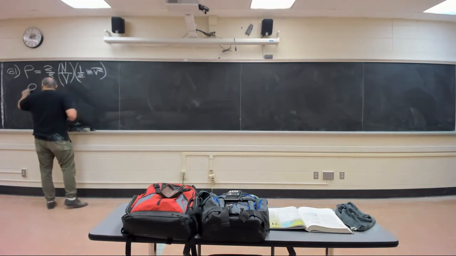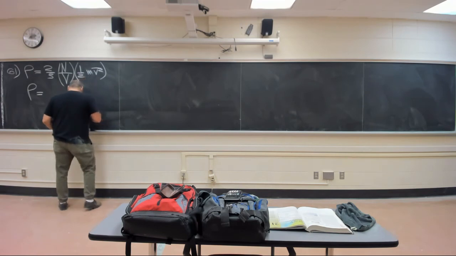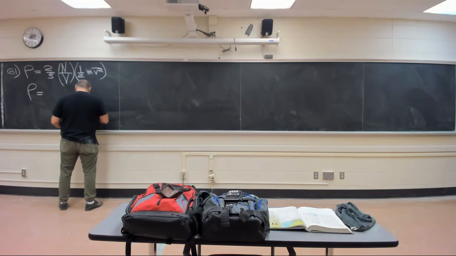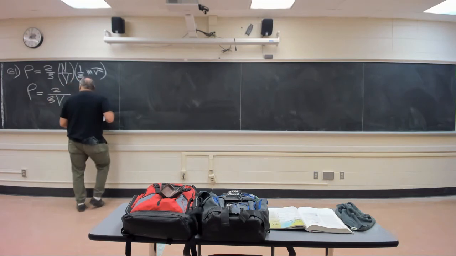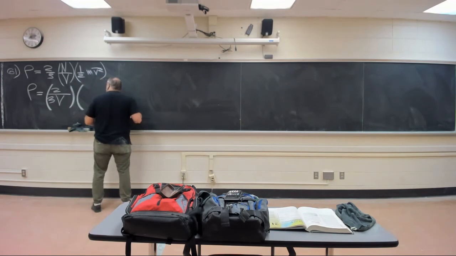Well, how about this? How about we take the 2, take the 3 on the bottom, take the V on the bottom, and move the N over here inside.